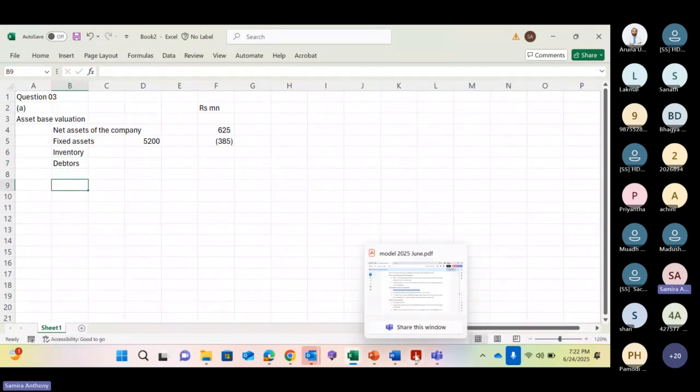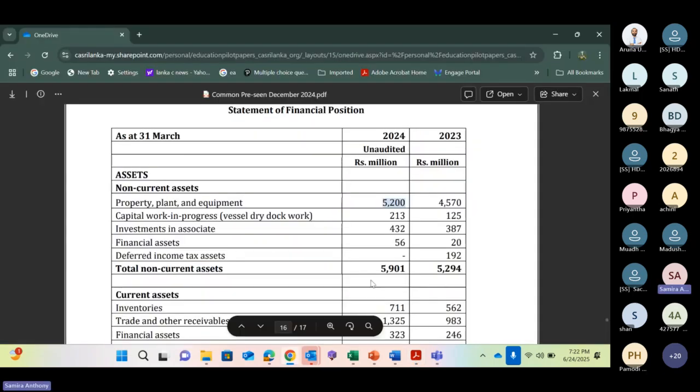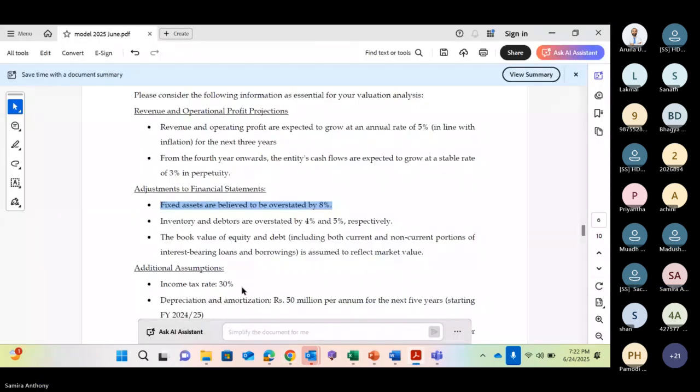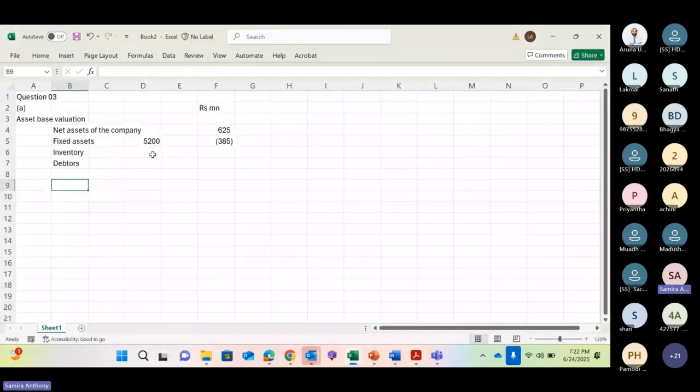I will explain it later on. Inventory 711, debtors 1325. 711 and 1325. Am I correct?